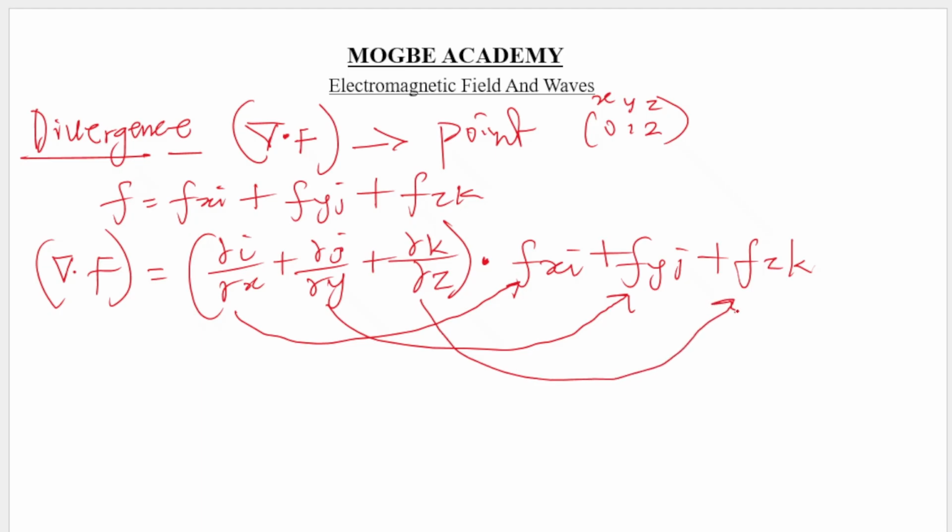Now, how do we interpret this? You can interpret this by saying we are differentiating your i component with respect to x. If this is multiplying this parameter, which is Fxi, this is simply telling you that we are differentiating this i parameter just with respect to x. That's the meaning.